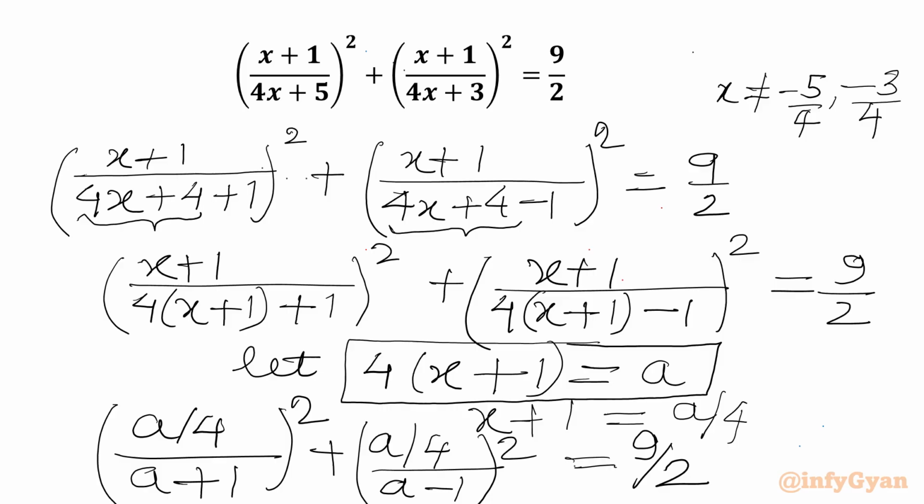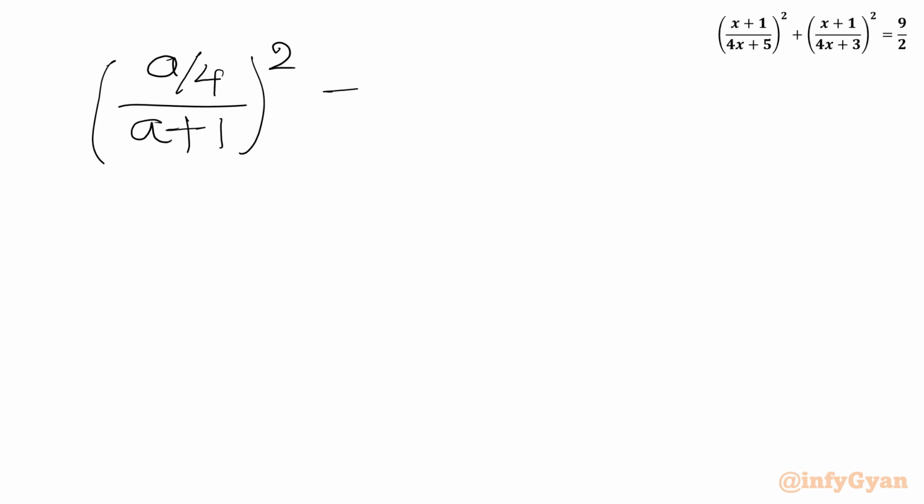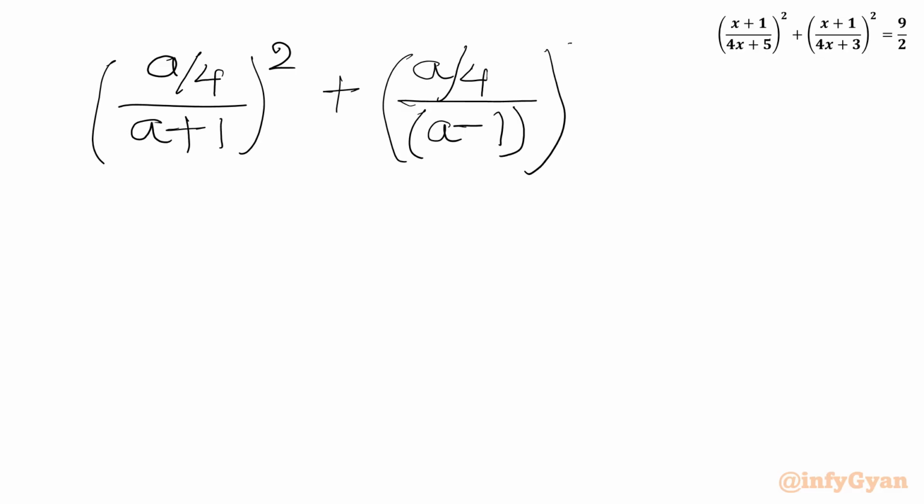Let me write this equation here. So I can write a over 4 divided by a plus 1 whole square plus a over 4 divided by a minus 1 whole square equal to 9 over 2.